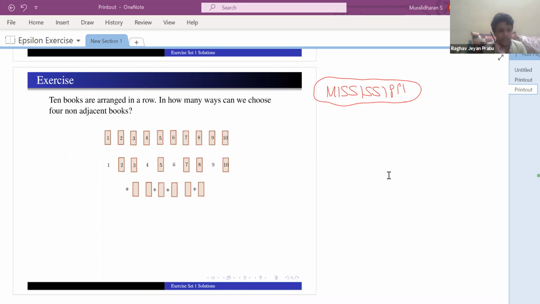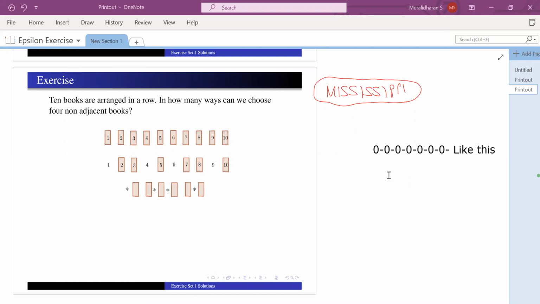So in total, I got 7 slots. In those 7 slots, I can place any of the 4 books, so then they will not be adjacent. So the number of ways we can choose 4 books which are not adjacent will be 7C4. That's correct.